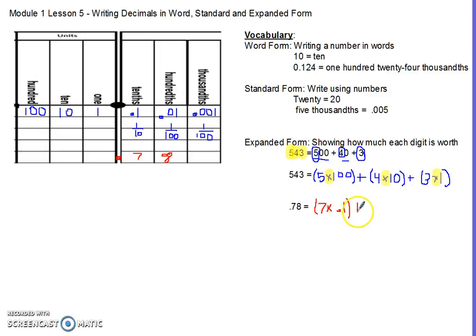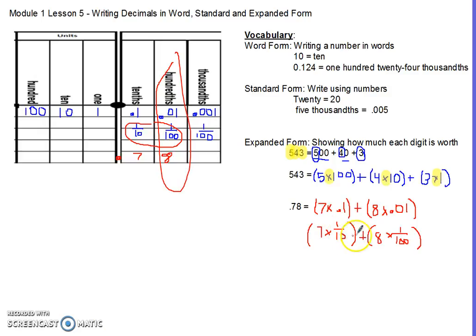And then I add my next number, which is 8, and so that is 8 copies of hundredths, because it is in the hundredths place value, 0.01. And if I wanted to rewrite this using fractions, I would use these fractions right here, and it would look something like this. 7 times 1 over 10 plus 8 times 1 over 100.